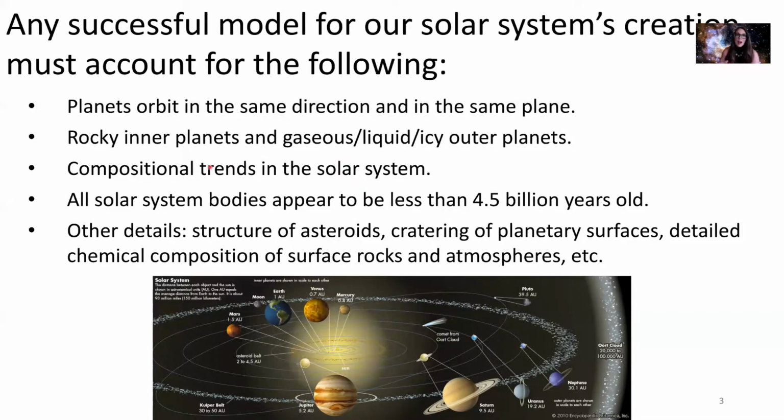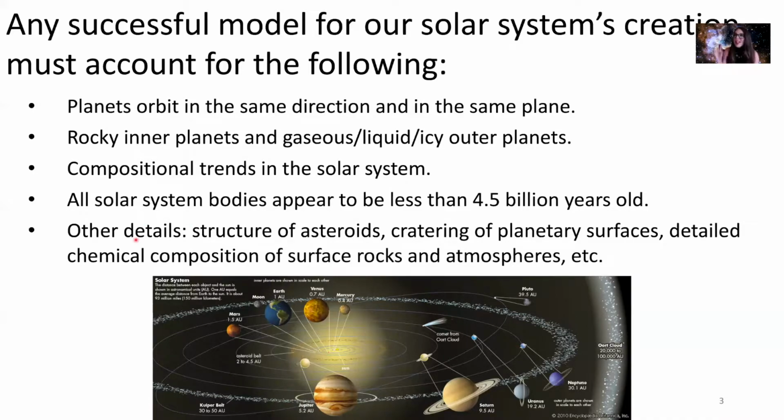We have to explain compositional trends in our solar system. Compositional trends means explaining what things are made of, because different parts of our solar system are made up of different compositions of material. We also see that all solar system bodies appear to be around 4.5 billion years old or less. So this theory has to support that.